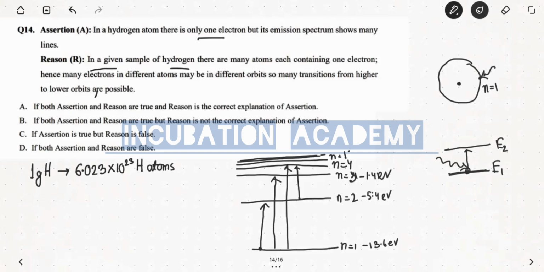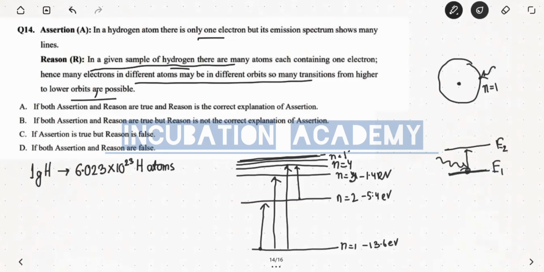It is said that in a given sample of hydrogen, however small a sample we take, it contains lots of atoms, many atoms each containing one electron. Hence, many electrons in different atoms may be in different orbits, so many transitions from higher to lower orbits are possible.